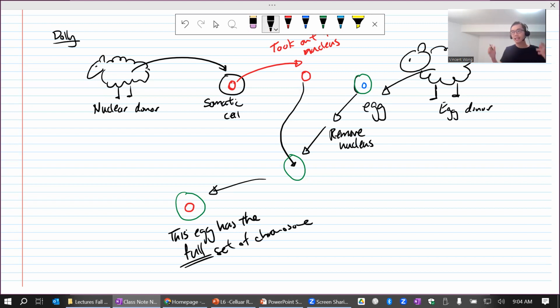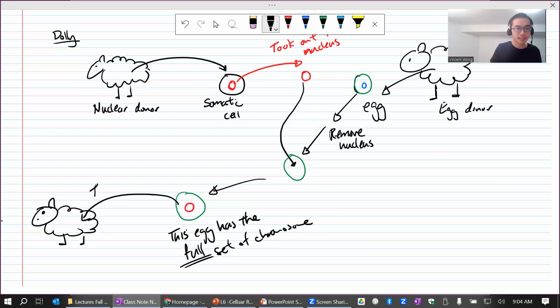Okay. And then we're going to need another sheep, a third sheep. This is going to be the sheep where you will implant the egg. What do we call people who agree to carry a baby on behalf of someone else, because maybe the other person cannot have a baby of their own?